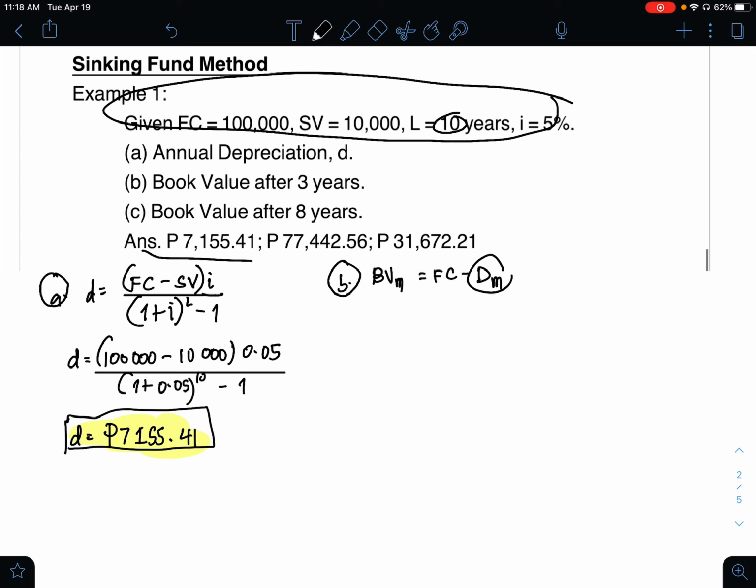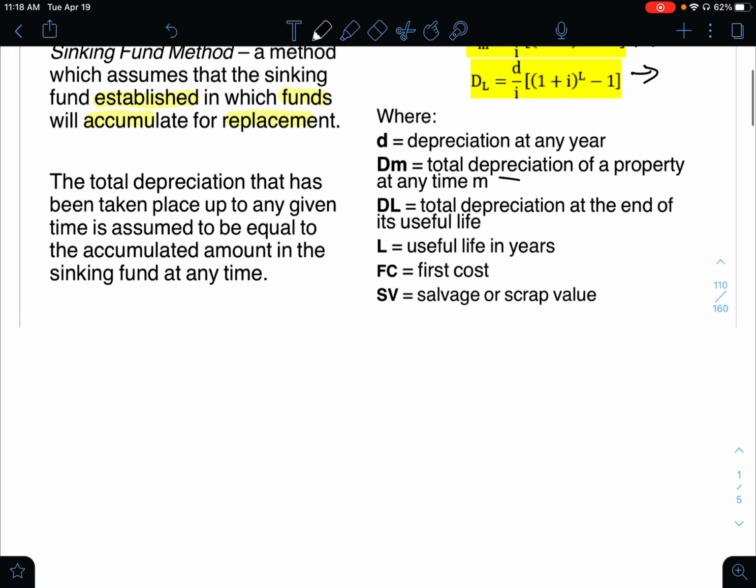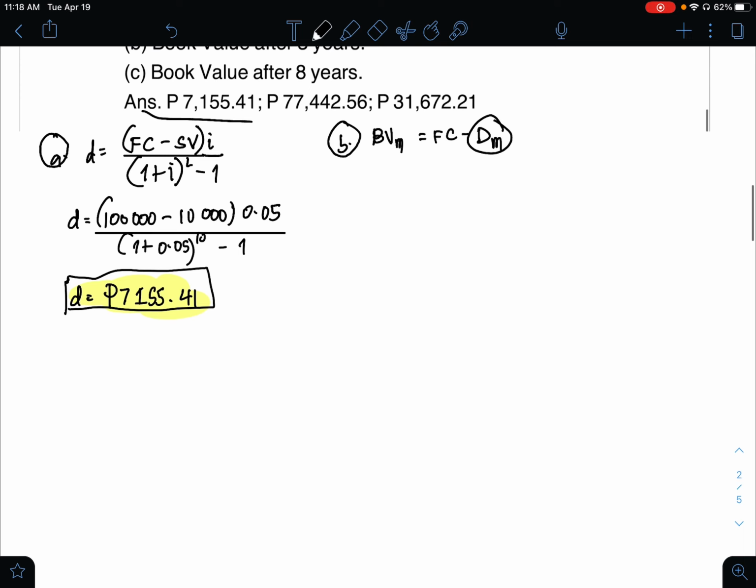We do not know Dm yet, and Dm here is the total depreciation of property at any time, in which our formula is Dm equal to D over I times (1 plus I) to the power of m, minus 1. So that would be BV at 3 years is equal to FC minus D3, that is equal to 100,000 pesos minus D over I.